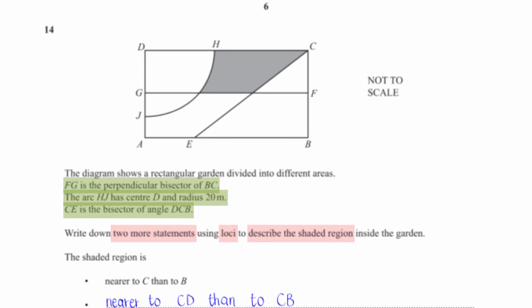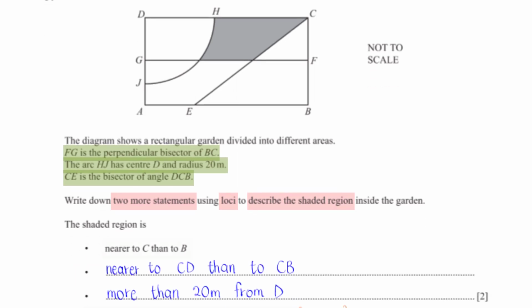We've been told that the shaded region is nearer to C than to B, and that is because FG is the perpendicular bisector of BC, and so clearly the shaded region is more towards the side of C than towards the side of B. We also know that CE is the bisector of angle DCB, and if that is the case, then we can clearly see that the shaded region is nearer to CD than to CB.